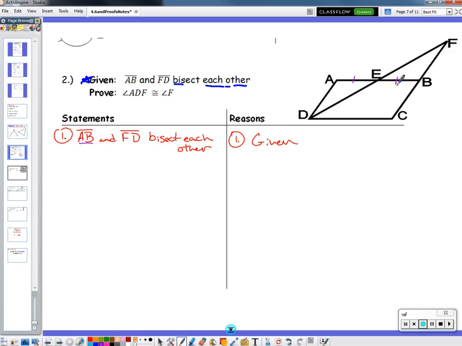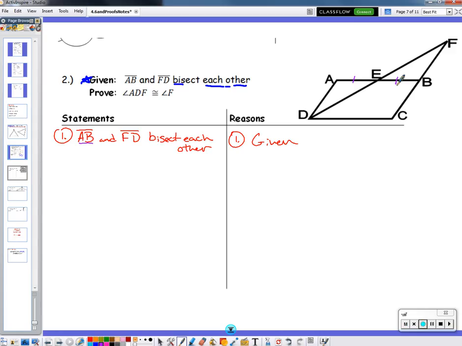Why can I say that? Because they bisect each other. And what does it mean to bisect each other? Cuts it in half, right? So, I know that AE is congruent to EB because it's bisected by this segment, FD.